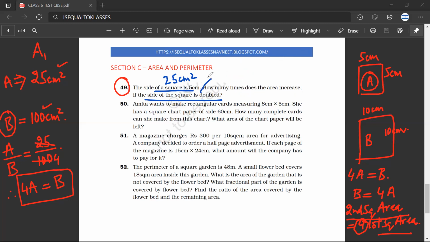When I double, the area is 100 centimeters square. So 100 centimeters square is 4 times 25 centimeters square. So it is 4 times. Satya, any doubt? No, sir. So the simple answer is 4 times. If you find all this confusing, you can leave doing all this. Not a problem.